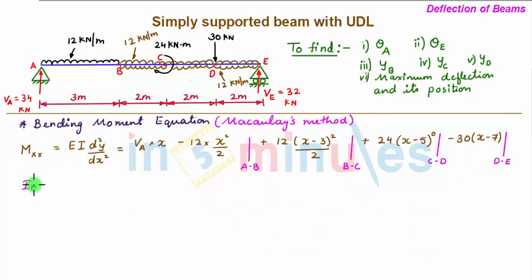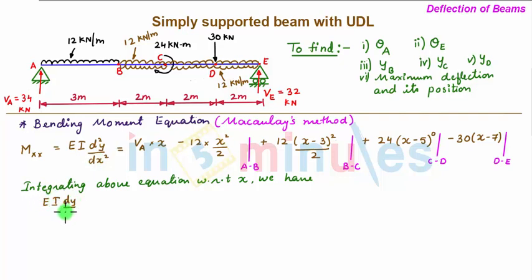Now integrating the above equation with respect to x, EI d square y by dx square becomes EI dy by dx is equal to VA into x square by 2 minus 12 into x cube by 2 multiplied by 3 plus C1, where C1 is the constant of integration.